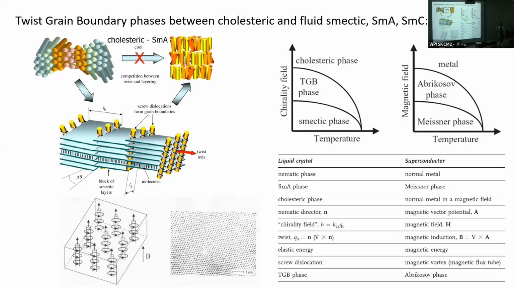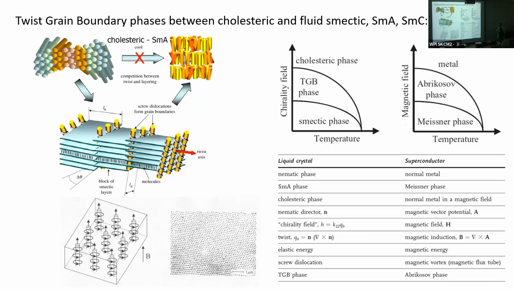Where you have the magnetic field here, and that is exchanged for the chirality here. And if you increase chirality, you make your TGB phase larger. If you change the temperature, the same thing happens.